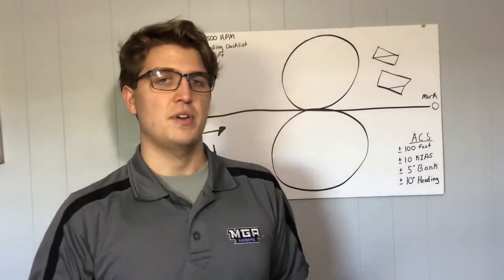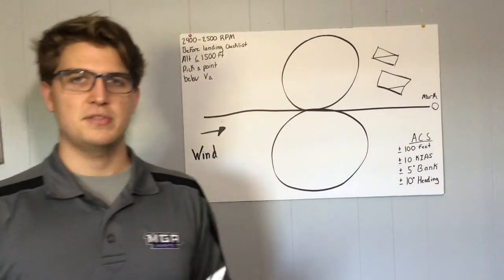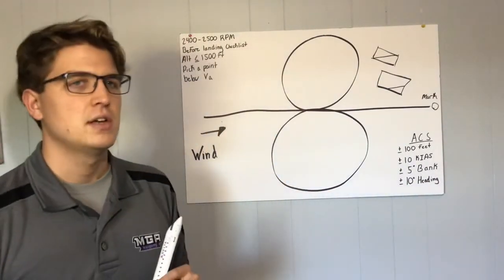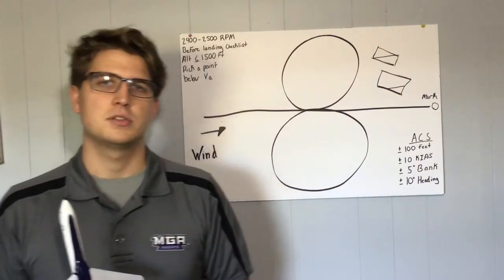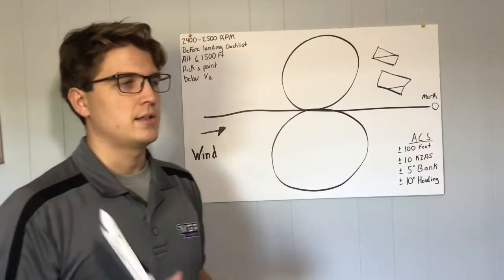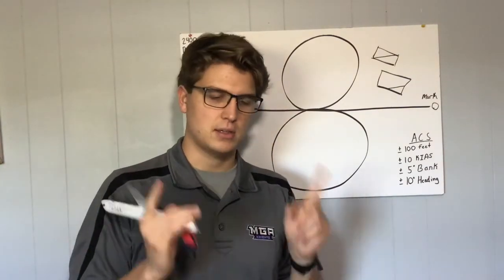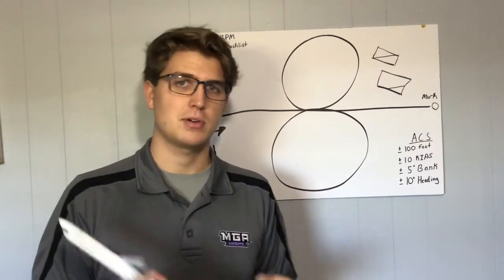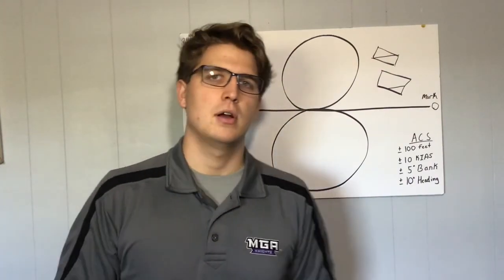So it's very important that you divide most of your attention outside the aircraft, and you use your mental pictures to make sure the airplane maintains a level altitude. And then every so often, you'll take a quick glance at your altimeter and your airspeed to make sure that they're all good.